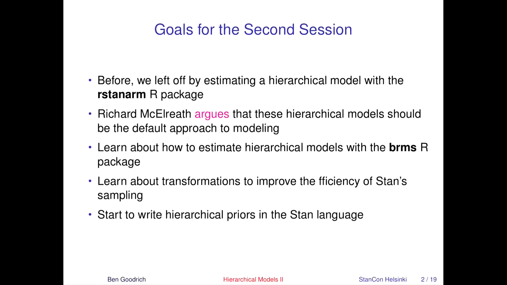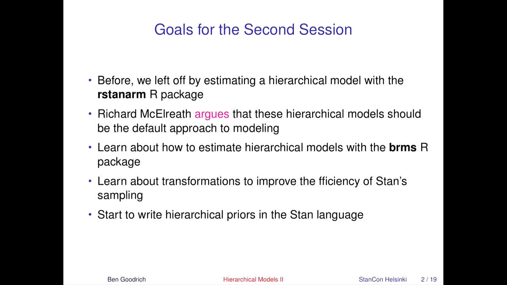You can click on this link and get one of the chapters from his book on hierarchical modeling, and it's using Stan behind the scenes via his rethinking package. So we want to learn more about how to estimate these hierarchical models. We want to use BRMS, which we'll do next.